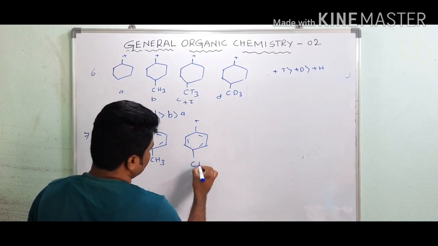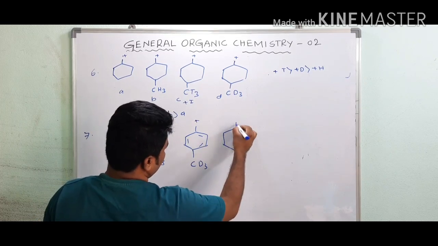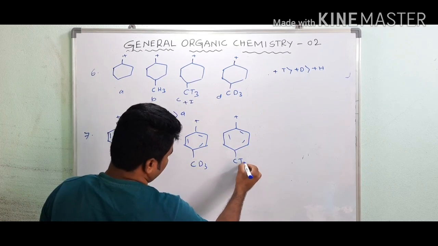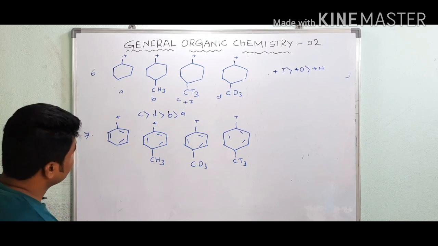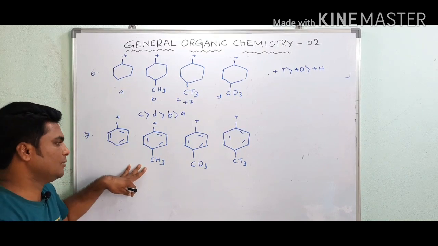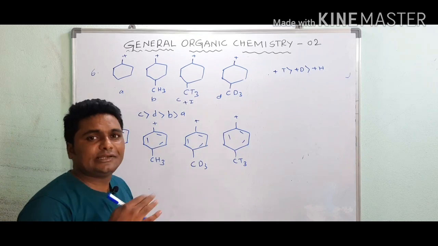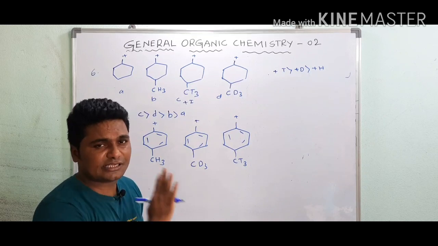Here what? CD3. Here plus CT3. So in this case, what happened? Here inductive effect is there, but one more effect is there, that is hyperconjugation. So yet I did not explain the hyperconjugation, but for the time being just remember this example.